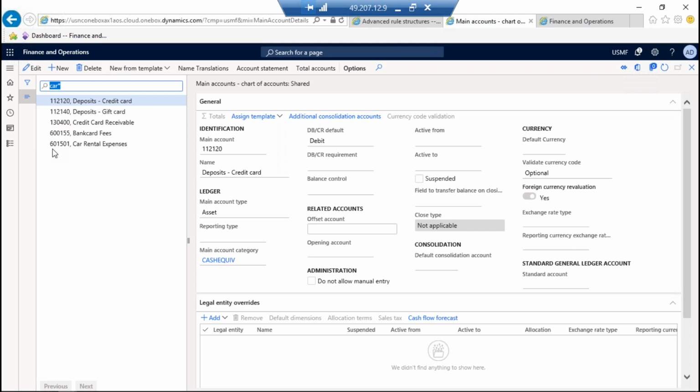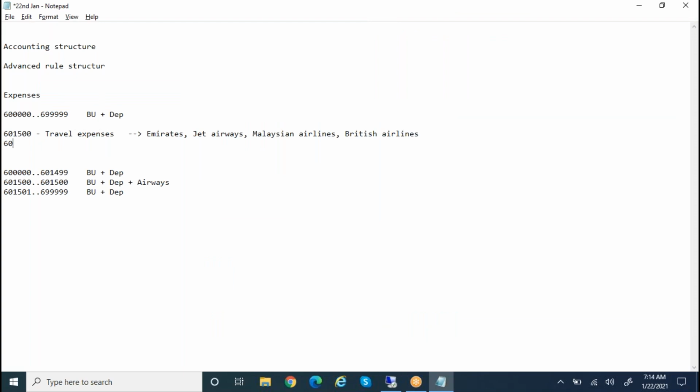Car rental expenses, 601501. This one, I have 4 vehicles.